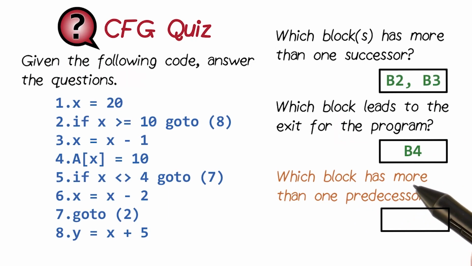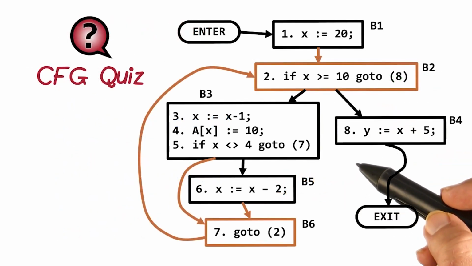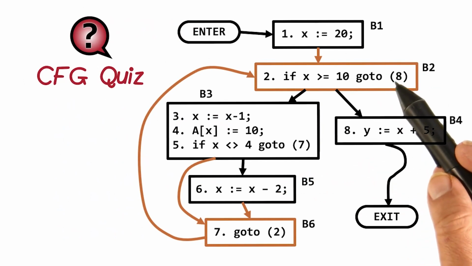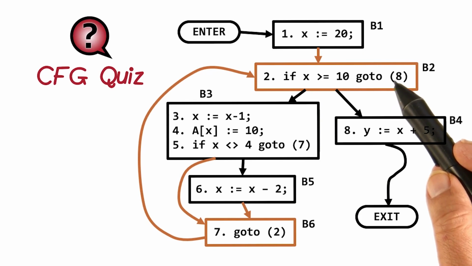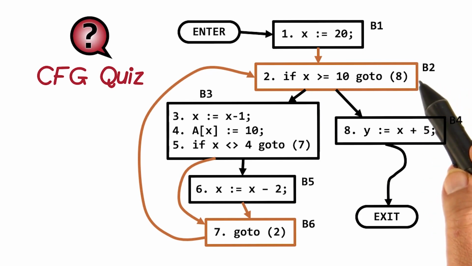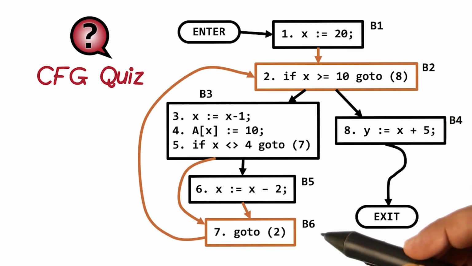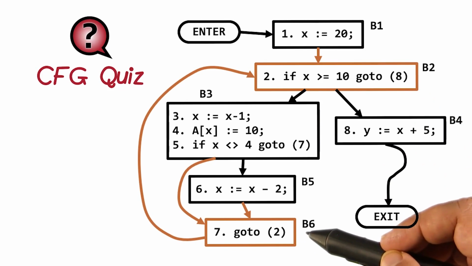Let's look at the last question. Which block has more than one predecessor? Again, if we take a look at the CFG, we are now interested in marking those blocks which have two or more incoming edges. If we do this exercise, we can see B2 is one of those blocks, and the second block which has more than one incoming edge happens to be B6.